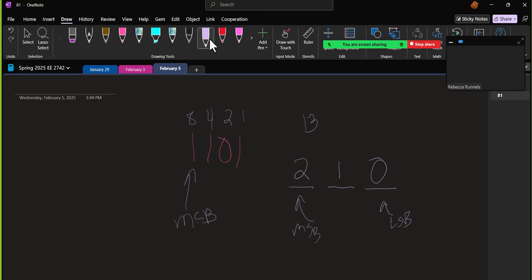But if you think about taking this number and shifting the bits to the right, so this bit goes here, this bit goes here, this bit goes here, and this bit goes away, then I would have 0, 1, 1, 0. And now the number that I have is 6. So I went from 13 to 6. So I basically divided the number by 2.